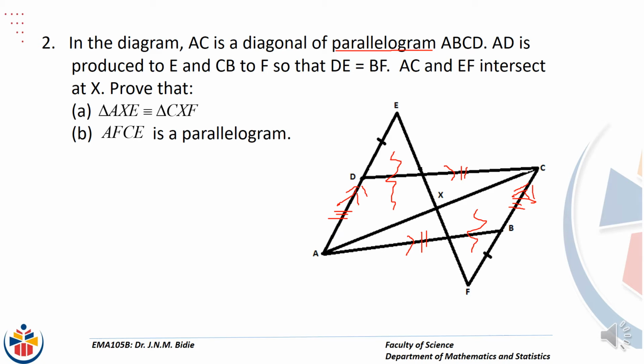Now, first things first, I have alternate angles here because I've been given AC is a diagonal for the parallelogram. So I've got alternate angles, but these two alternate angles that I've indicated, they are outside the triangles that I'm looking into.